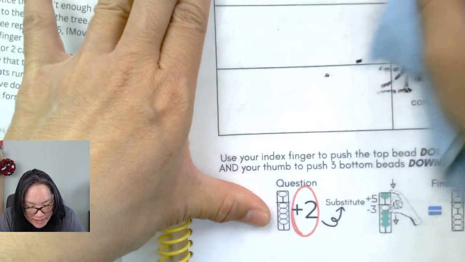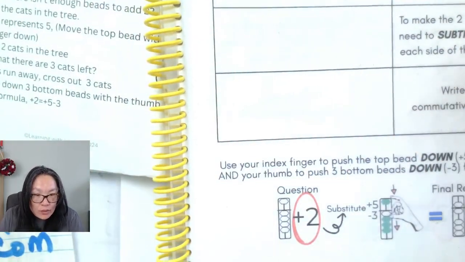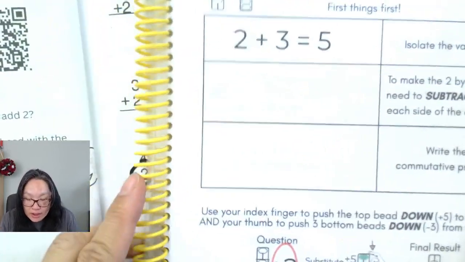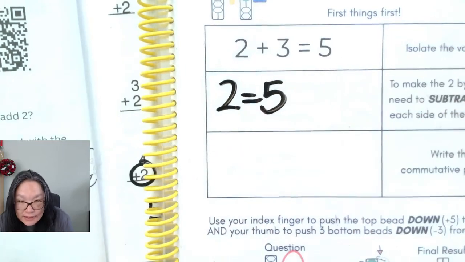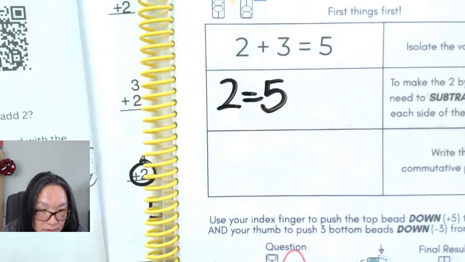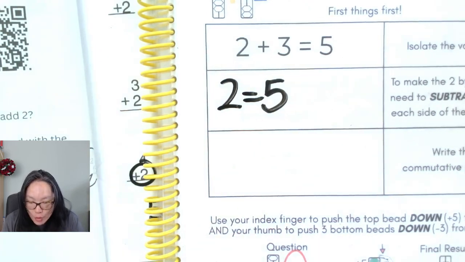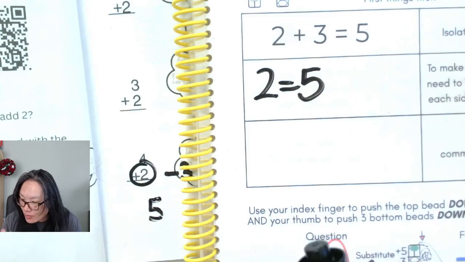You're going to always add the 5 or you're going to always take away the 5. So when we look, if I do 2 equals 5, is that balanced? Always use the bottom number. It's always the number that goes into it.